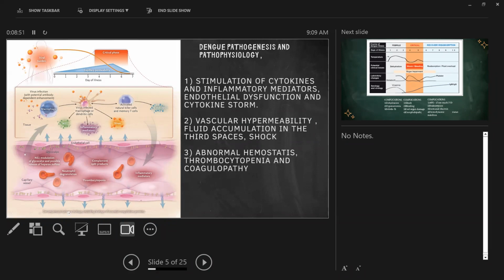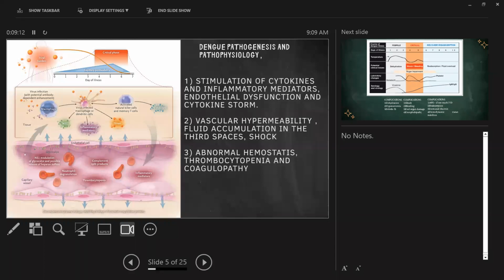The glycocalyx will be damaged, so the endothelial membrane integrity is exposed, with holes. There will be leakage of plasma and also third space loss. The patient can go into dehydration shock.